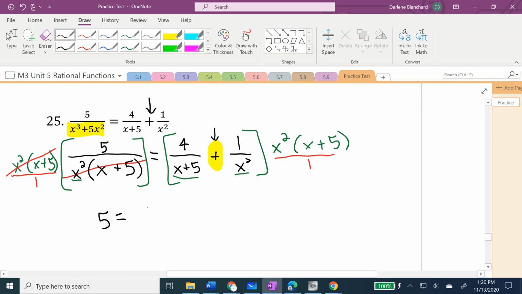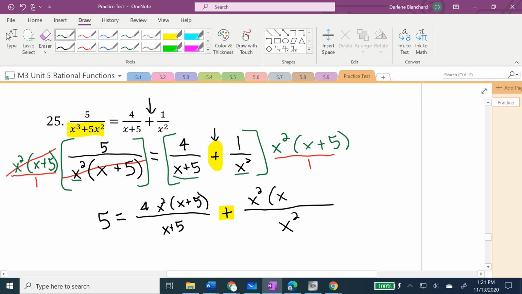I need to take the 4 over x plus 5, and I need to multiply to it the x squared and the x plus 5. Then my plus sign, and then the 1 over x squared needs to also be multiplied. Now, if you see the cancellations that go on while you're doing it, you can go for it.